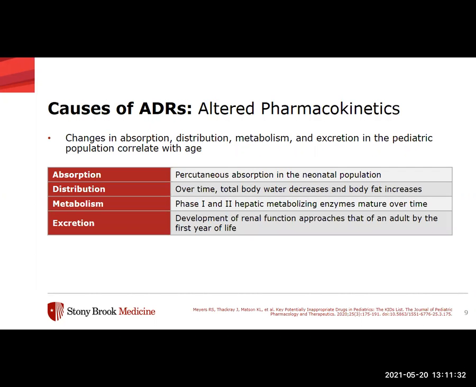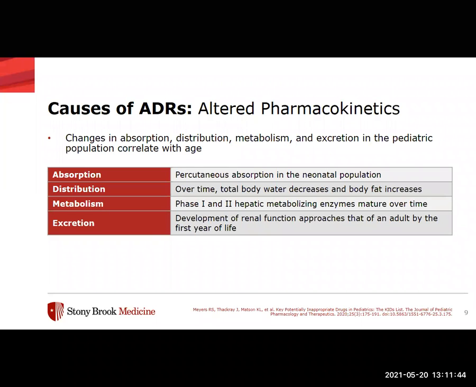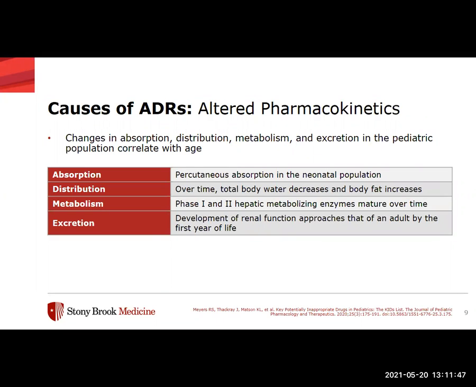Another important contributing factor to increased rates of ADRs in the pediatric population is altered pharmacokinetics. In terms of absorption, developmental changes in intragastric pH, gastric emptying times, intestinal motilities, and absorptive surfaces affect absorption.